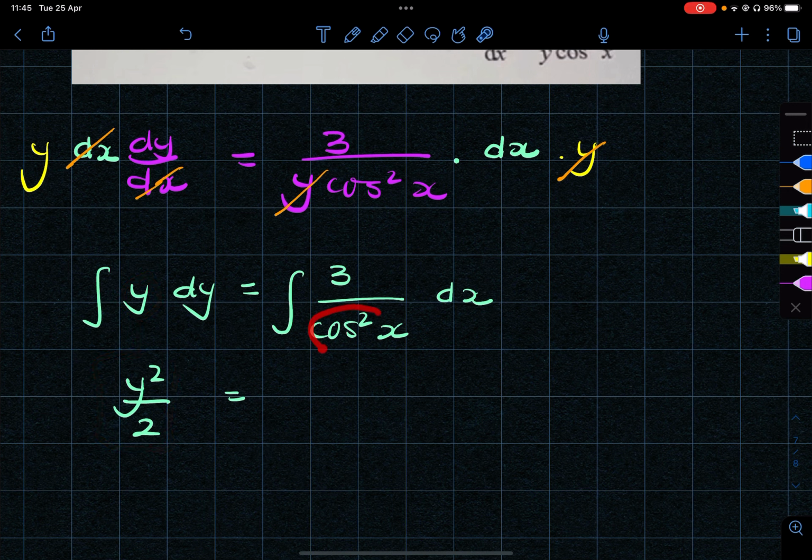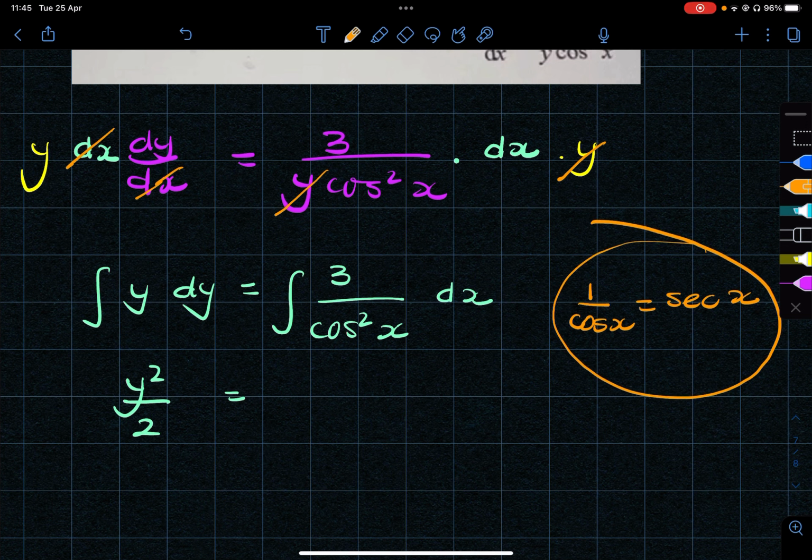What's the integral of cosine squared in the denominator? Well, you probably don't know that, but you do know that whenever there's a cosine in the denominator, you can write that as secant x. So that's the definition of secant x.